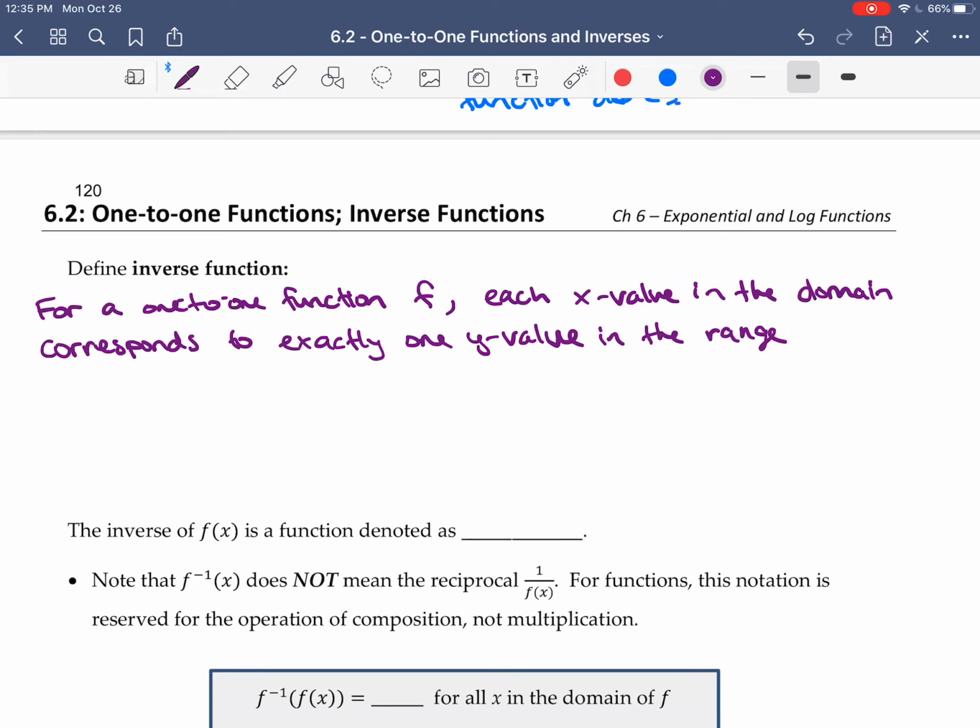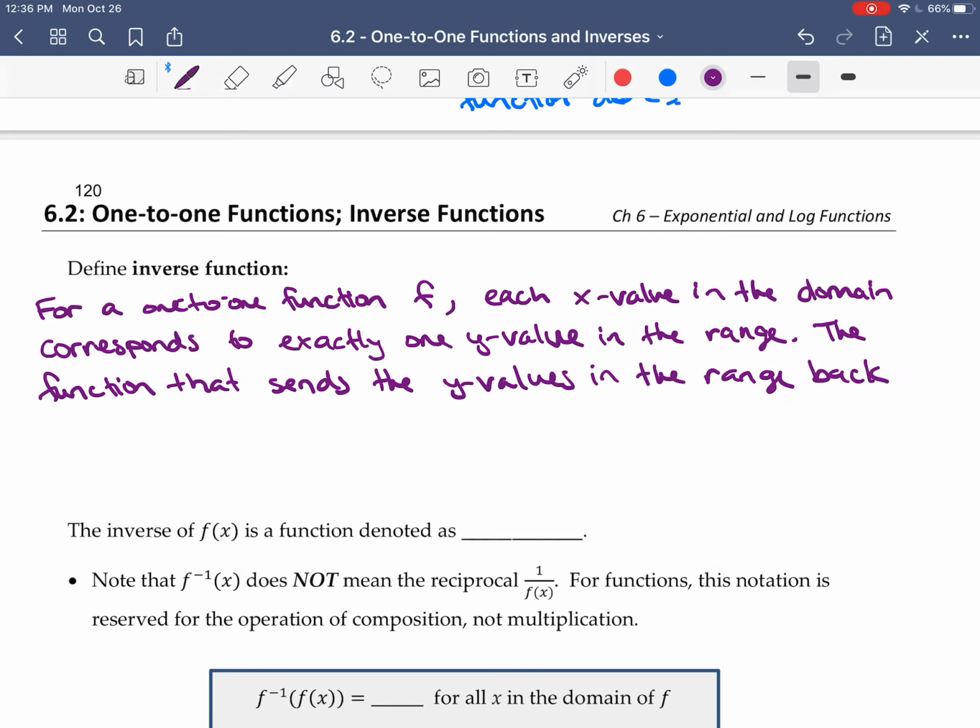That's the definition for one-to-one. Then the function that sends the y values in the range back to their x values in the domain is called the inverse function.